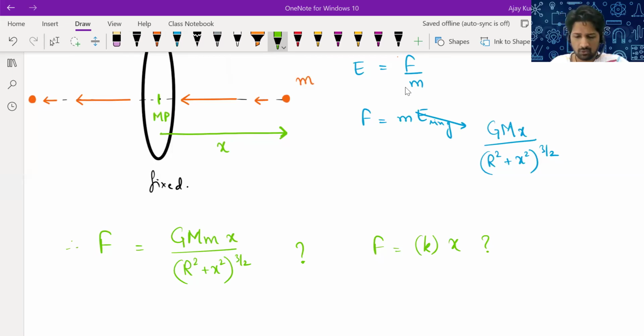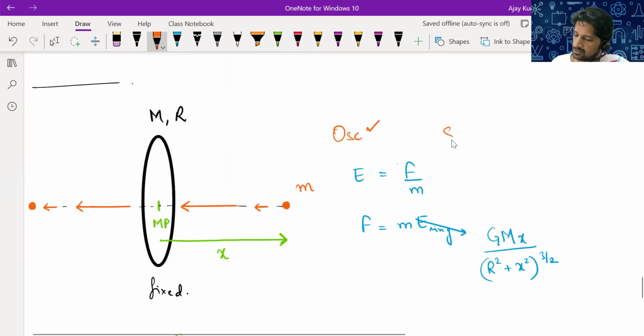No, sir, because x appears in the denominator as well. So this force is not proportional to displacement from mean position. Therefore, it is not simple harmonic motion. It is oscillatory motion. It will have a period of oscillation also. Regular intervals it will take to oscillate back and forth, but it is not simple harmonic.